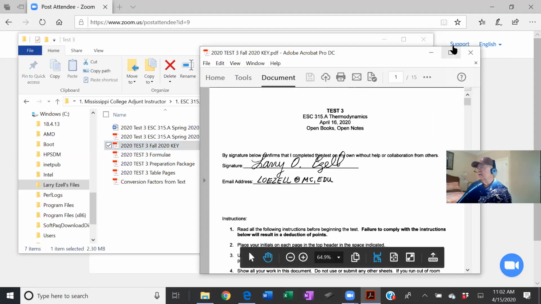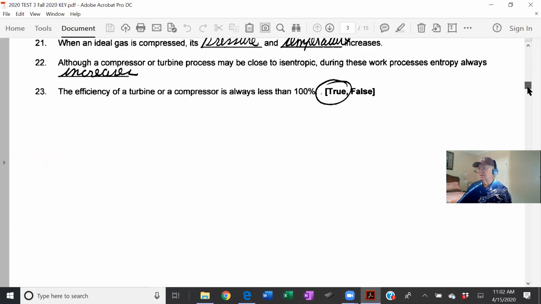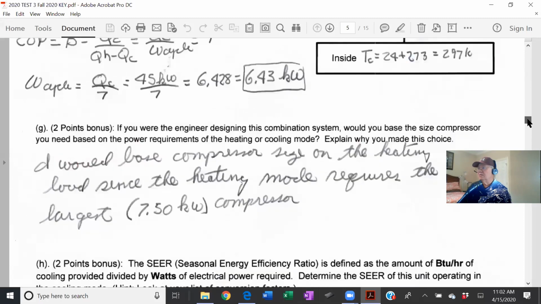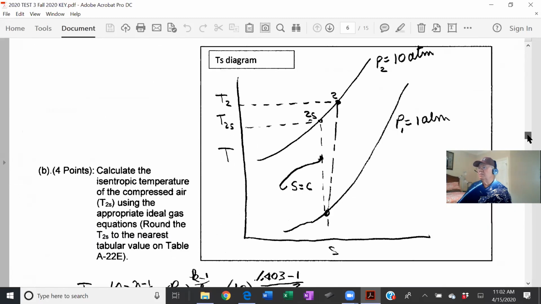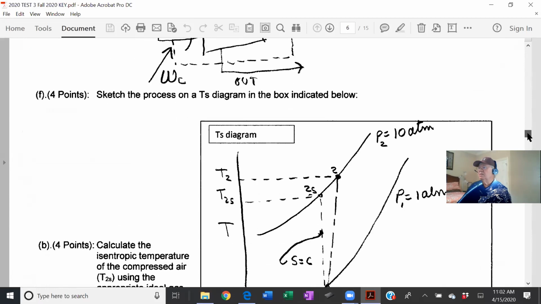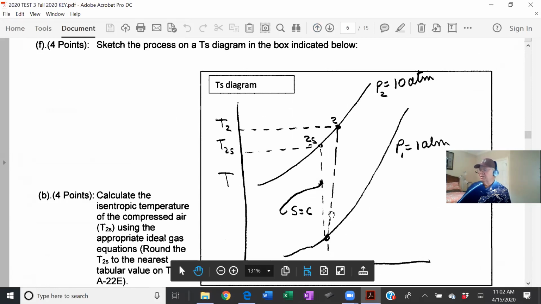Let's look at the turbine problem. Here's the compressor problem. By the way, Kelly, I remember you had a question about the isentropic compressor efficiency.